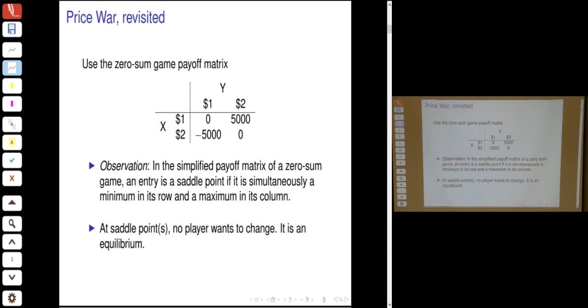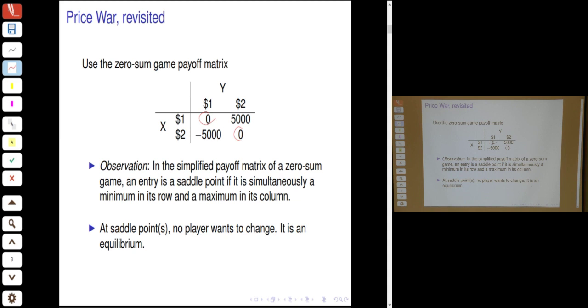If both of them sell at $1 or $2, they do not gain or lose anything. And if one of them sells at $1 and the other sells at $2, then the one which sells at the lower price gains $5,000.